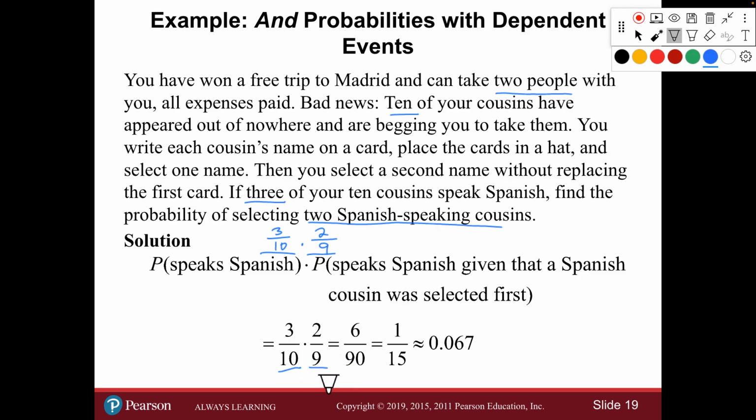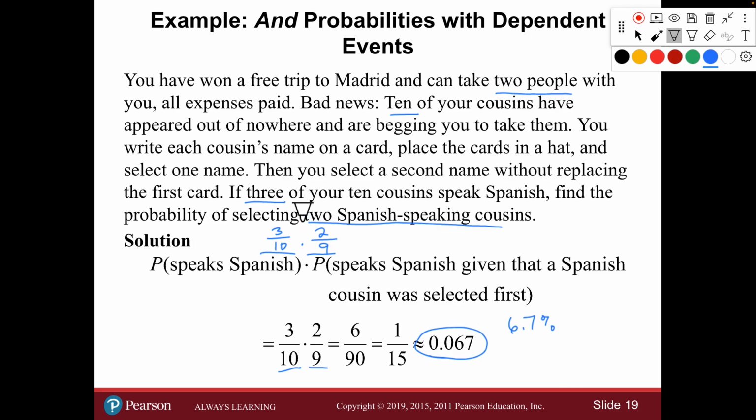There aren't 10, there's only 9, and there's only 2 that are Spanish speaking. So that's how we do it. So instead of 3/10 times 3/10, this is what we get, 6/90, which is we only have a 6.7% chance of getting both Spanish-speaking cousins.